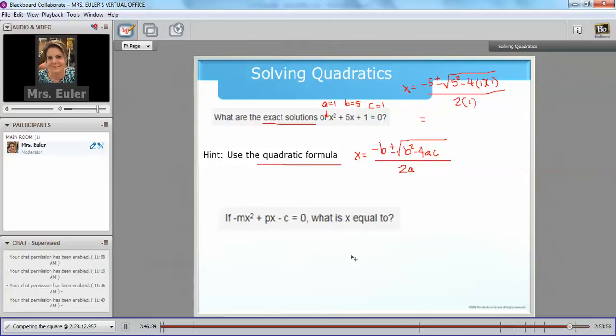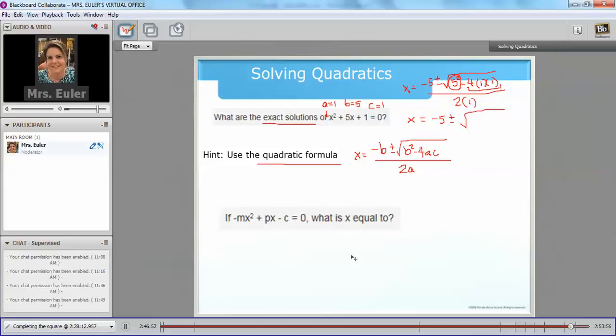And simplify. So negative 5 plus or minus, inside that square root, order of operations tells us we're going to do 5 squared first, and then we're going to multiply second. So 5 squared is 25.